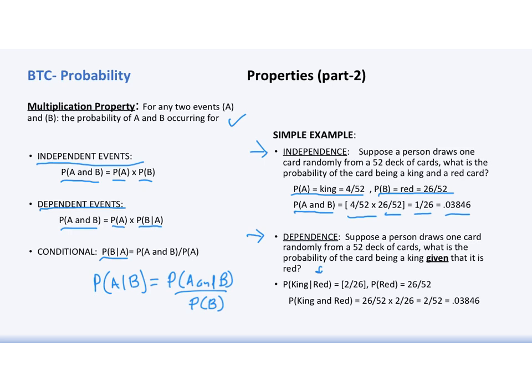The probability of red is still the same, 26 over 52. So the probability of a king and a red card is 26 divided by 52, the probability of red, times 2 divided by 26, the probability of king given red, which gives us 2 divided by 52. It's the same number, 3.846%.